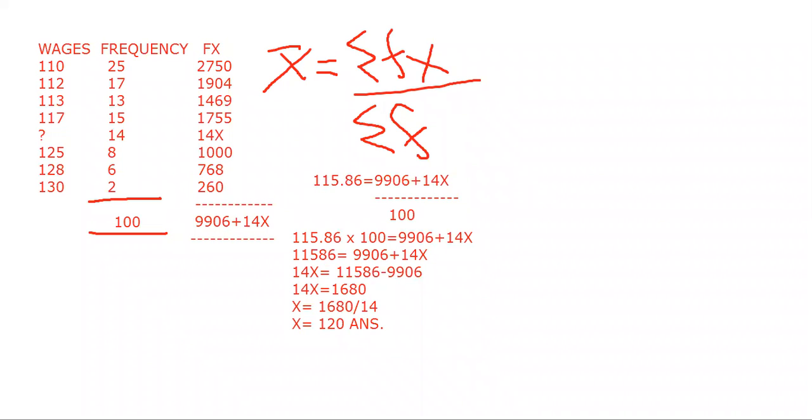Ritika, 1680 divided by 14 is 120. That is 120 only. Garv, that is 9906 only. Please check your answer once again. I hope this is clear to everyone.